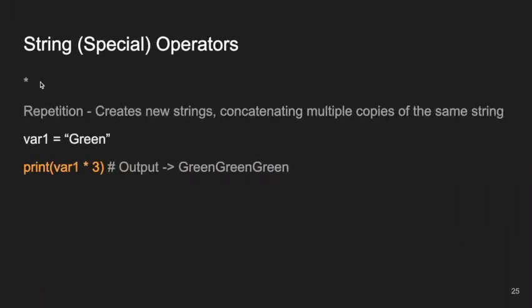We also have this star that you use for multiplication. You can use it also with strings, and it will help you to do repetition. If our variable is green, and you call the variable and multiply it by 3, you get green 3 times. If you multiply it by 4, you get green 4 times. This can come in handy if you want to repeat certain characters.